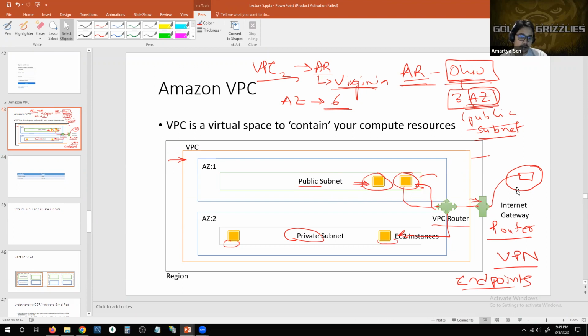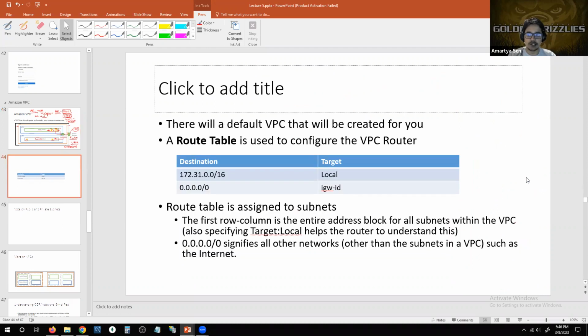That outside world could be a local computer like the ones we are using right now. It could be other AWS services, such as storage services like the AWS S3 bucket, or the AWS database service such as RDS, and the AWS DNS service such as Amazon Route 53, and so on and so forth, just to cite a few examples.